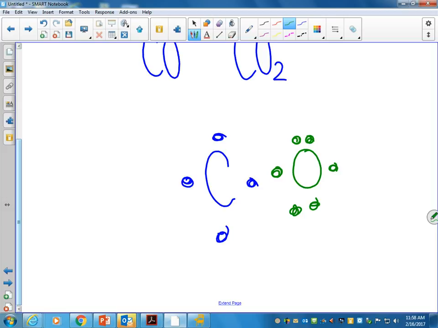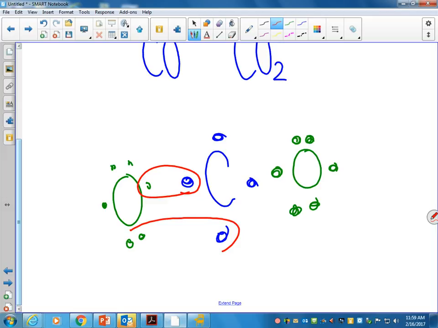And oxygen also has 6 valence electrons. We know we have to draw 2. I'm going to draw my oxygen over here just because I know it's going to make carbon dioxide. And I just know what it's going to look like. You could have drawn the oxygen on the other side. Okay? When we share, we kind of group things together. So I'm going to share these pairs of electrons. Oh, that's already paired up. I can't do that.